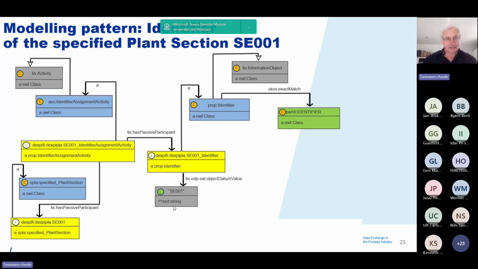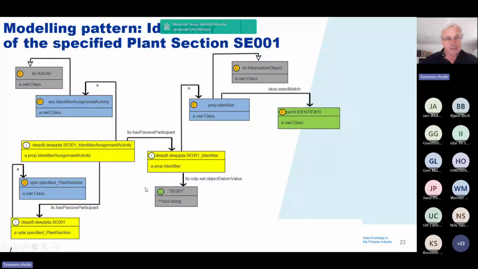That is now a picture how it could look to use assigned properties. In that case, we have the property identifier with its value assigned to this specific plant section SE001.